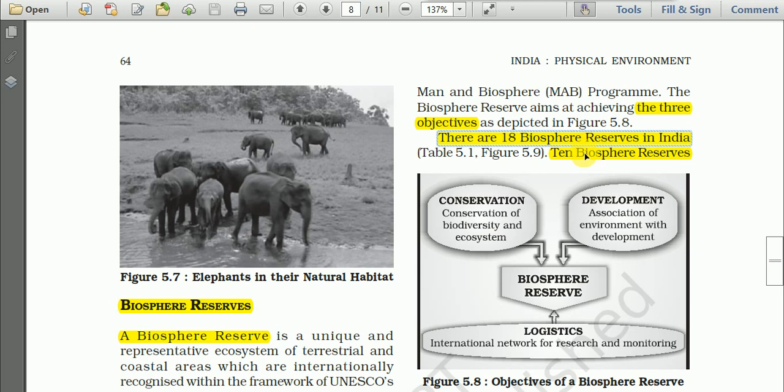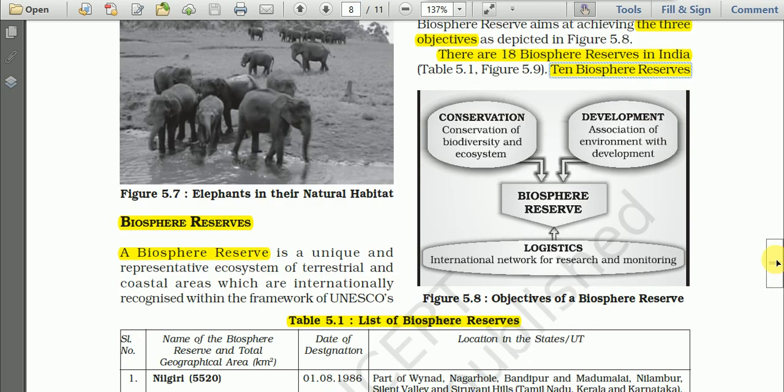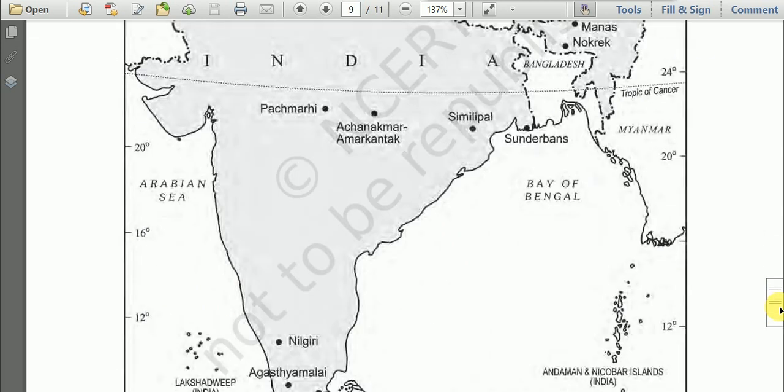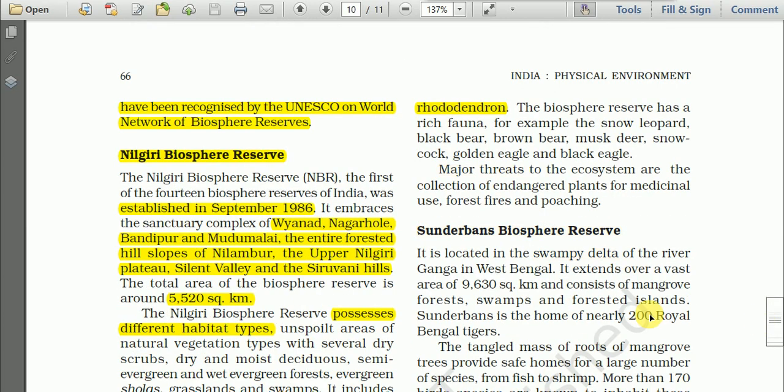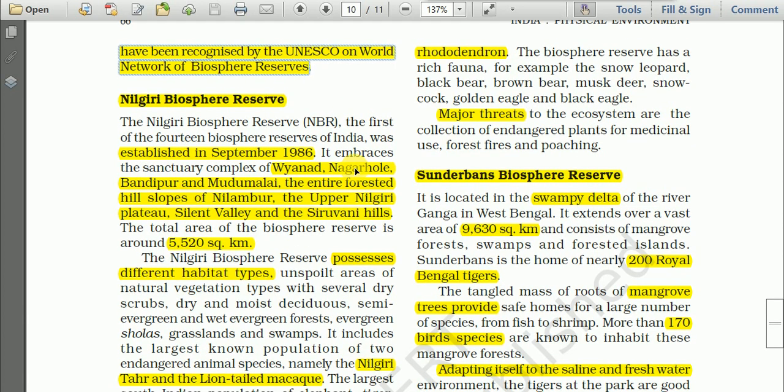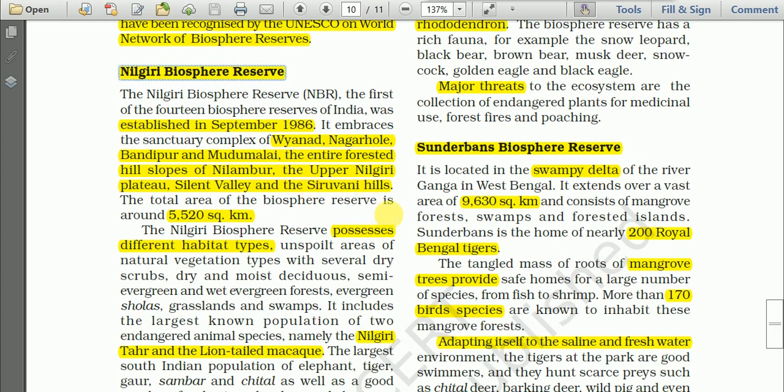Out of these 18, 10 are recognized by the United Nations organization, UNESCO, on the World Network of Biosphere Reserves. And out of these 10 biosphere reserves, let us read 4 important biosphere reserves in detail. The first one is Nilgiri Biosphere Reserve.